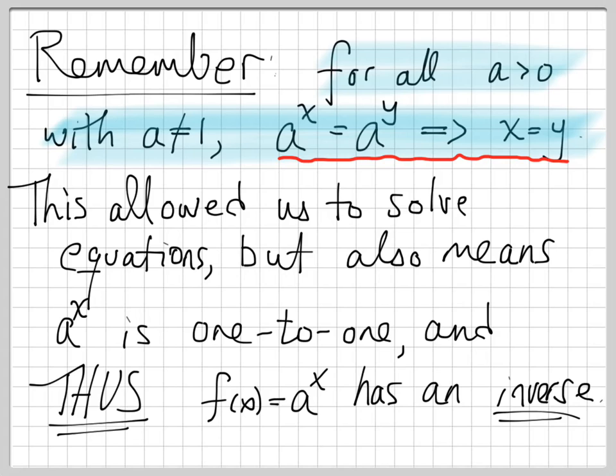That statement is equivalent to saying that a to the x is one-to-one, and therefore a to the x has an inverse. You remember our graph of a to the x, it looks something like this. Any horizontal line is going to hit at most once, which is saying again that our function is one-to-one. And so a to the x has an inverse.